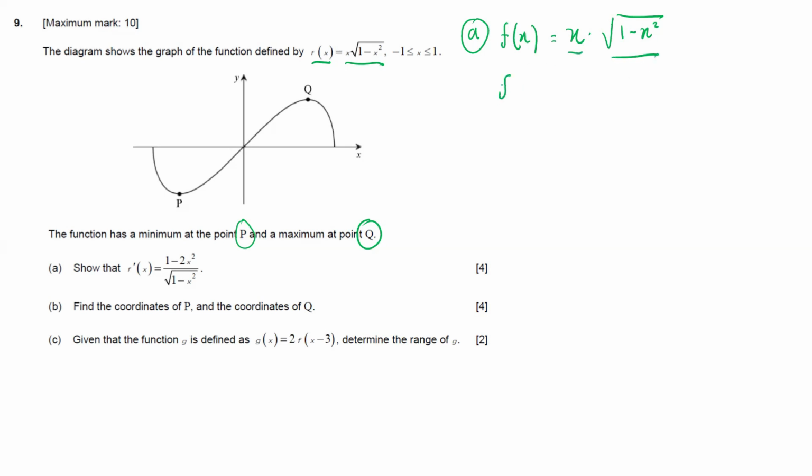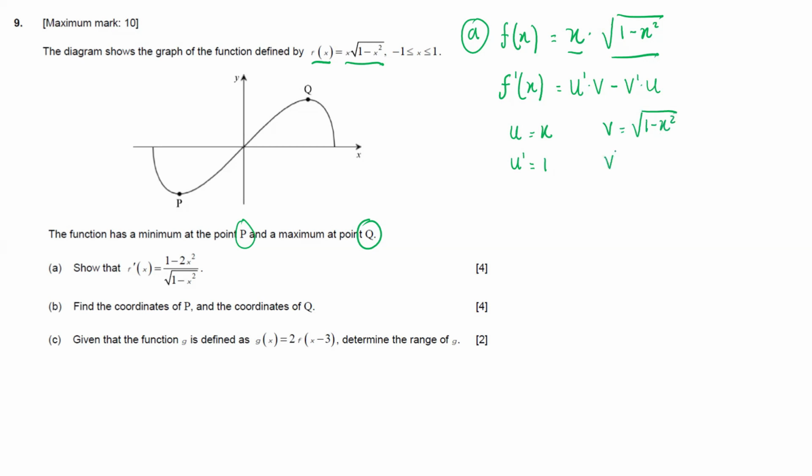Remember, the product rule is u prime v, so we derive u, and then after that, v prime times u. Let's assume u equals x, meaning u prime, the derivative of x, is 1. And then v is the square root of 1 minus x squared. What is v prime?